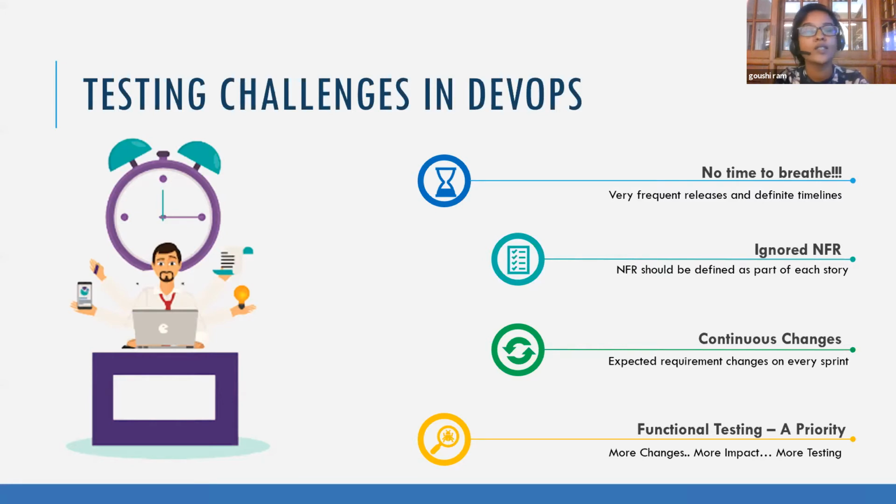So the next challenge that we face is ignored non-functional requirements. What I mean by ignored is it's deprioritized or less prioritized. So generally, the performance requirements are only captured when a performance test is expected to be executed. But at this moment, most of the modules are brought to stabilization phase.